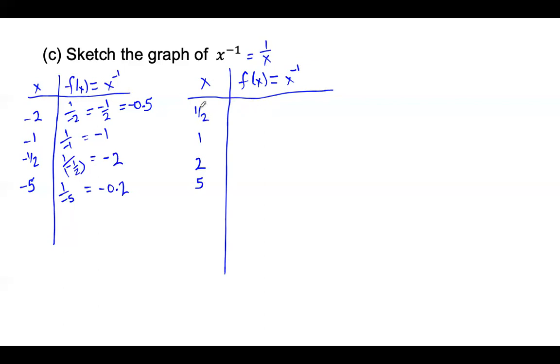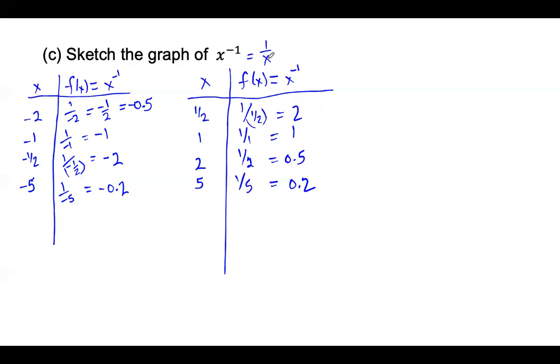So 1/2, that would be 1 over 1/2, so this is just 2. 1 over 1, of course, is going to be 1. 1 over 2 is just 1/2, 0.5, and 1 over 5 is 0.2. You can think of 1 over 1/2, 1 divided by 1/2, as how many halves go into 1? Well, it goes in twice.